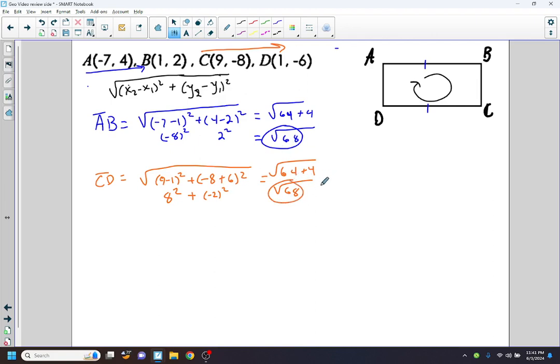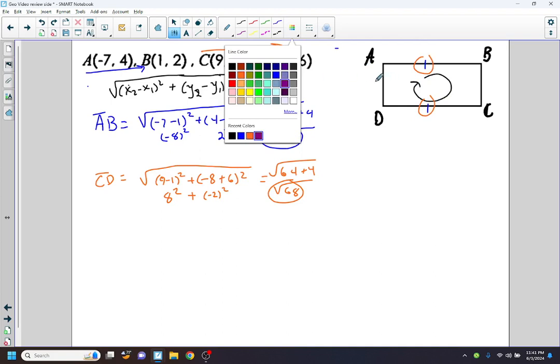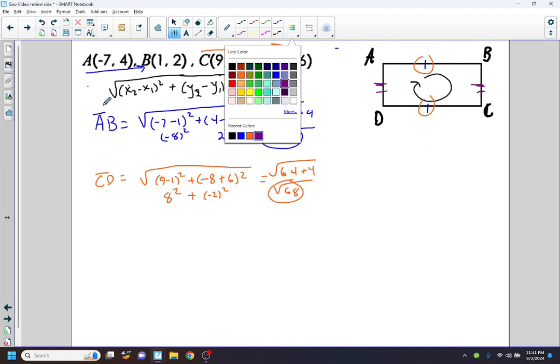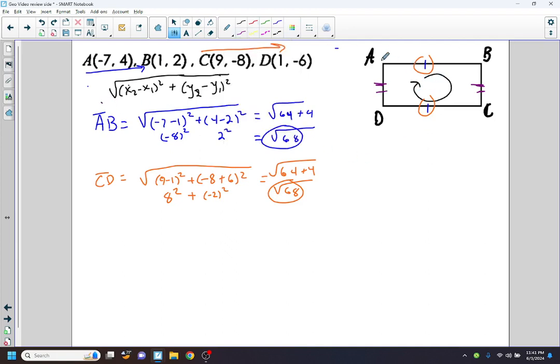Now, is that enough work to show that it's a parallelogram? No. All we proved is that these are equal. We also need to prove that these are equal to each other in order to say it's a parallelogram. So in order to do that, I have to do AD and BC.